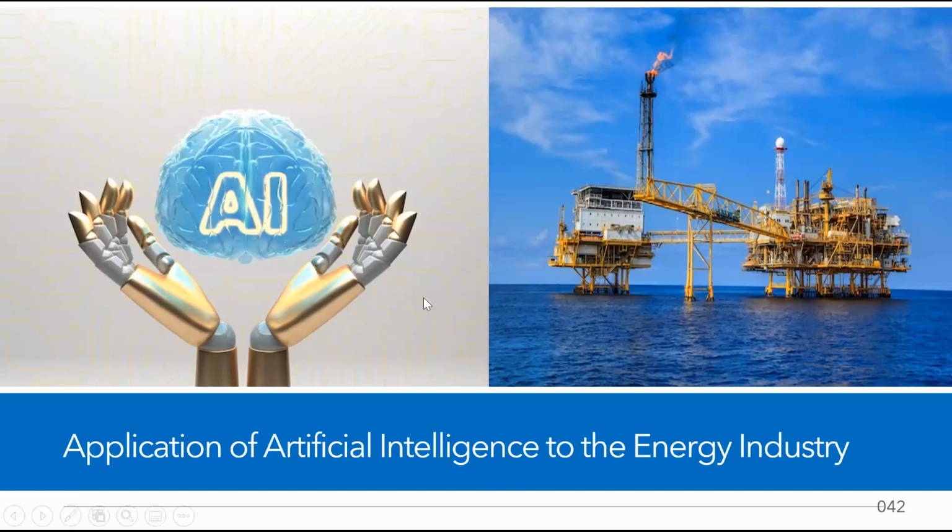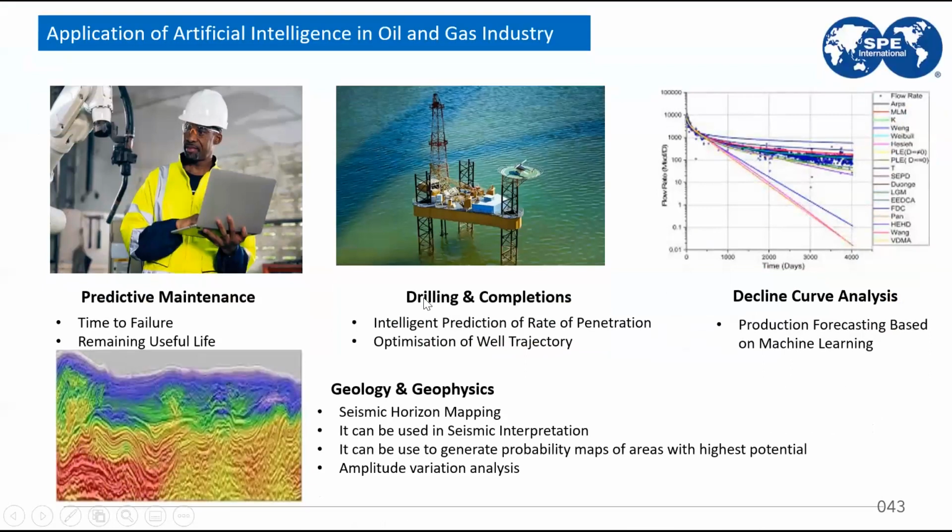So that being said, I'm going to talk about some other areas that have been mentioned, some applications in terms of drilling and completions where AI can also be used. Like I mentioned previously, people are using machine learning to estimate rate of penetration for drilling tools, and to determine accurate mud composition based on formation pressure.